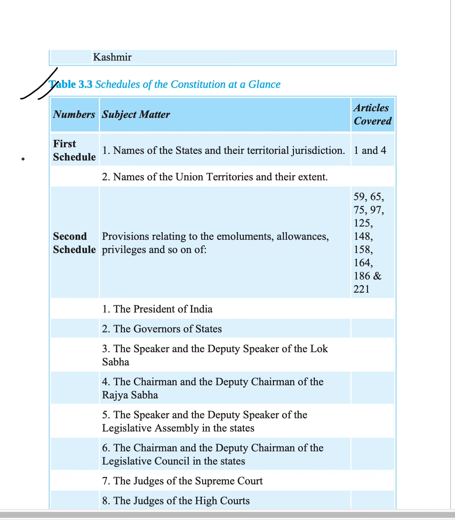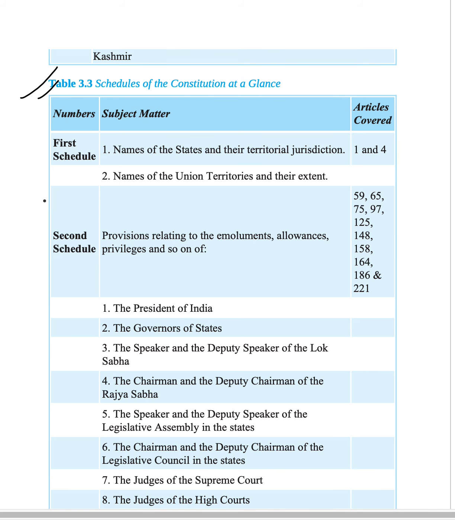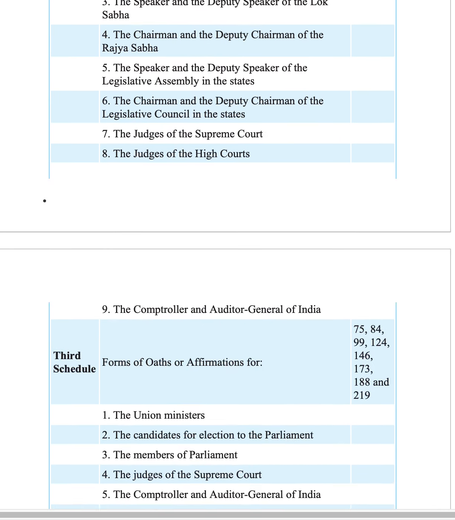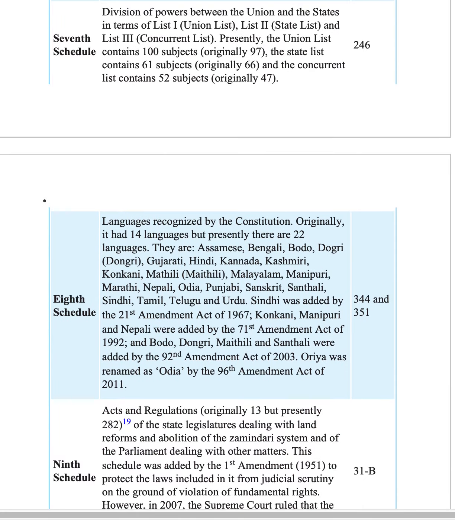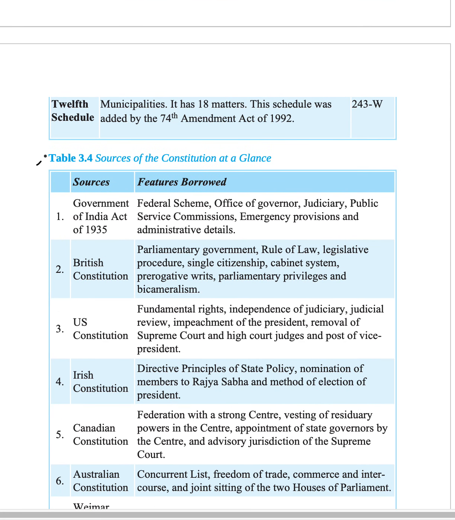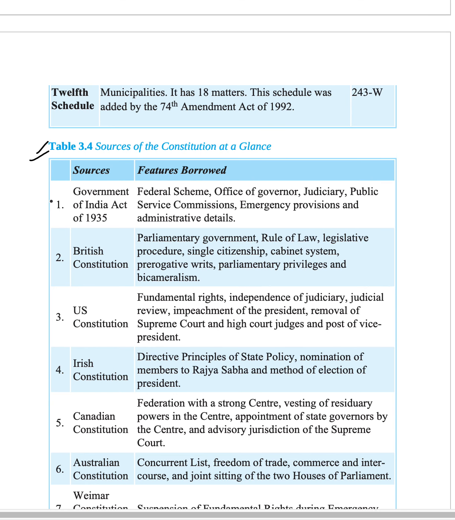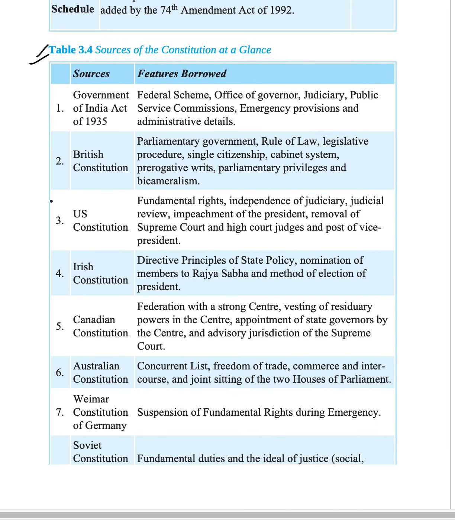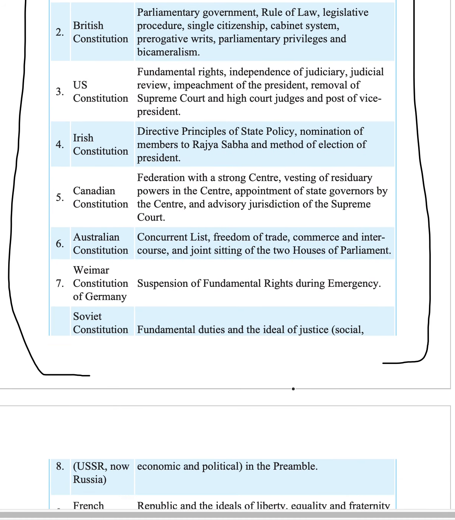So you should mug up all the different schedules and what they cover. We are not going to cover it also. And sources of the Constitution at a glance: we have already discussed so many sources, and from which particular source what has been taken is given in this particular table. Just go through it.